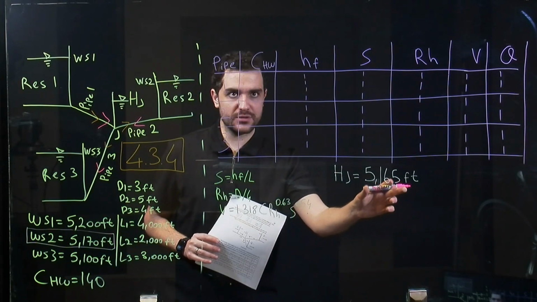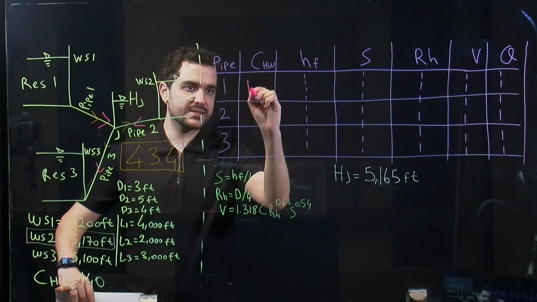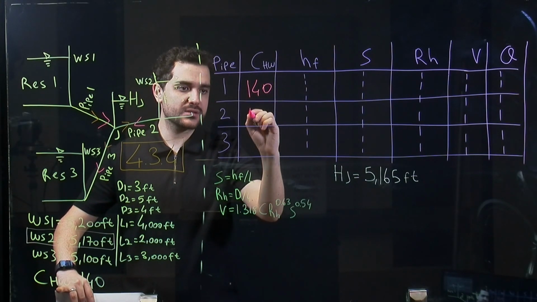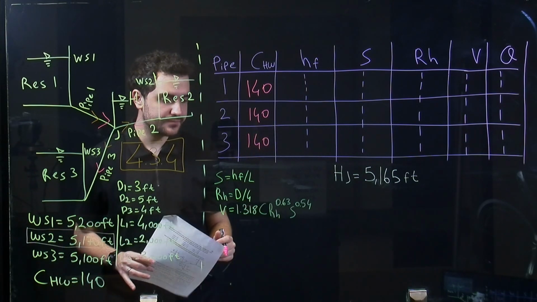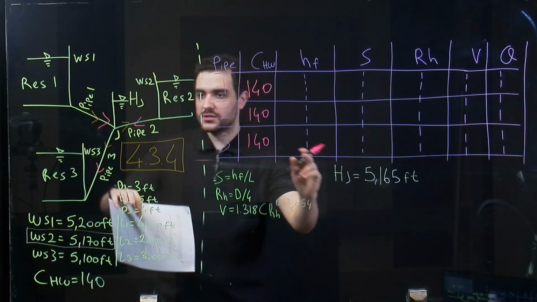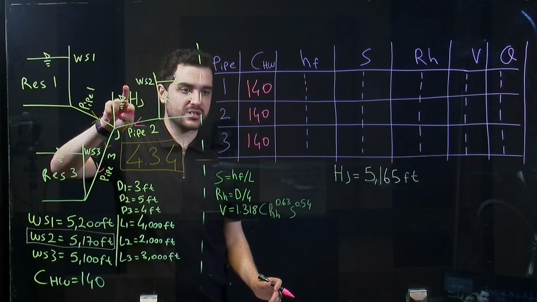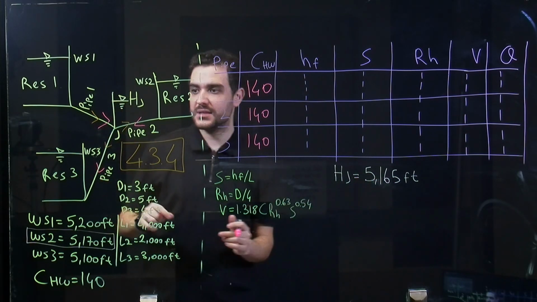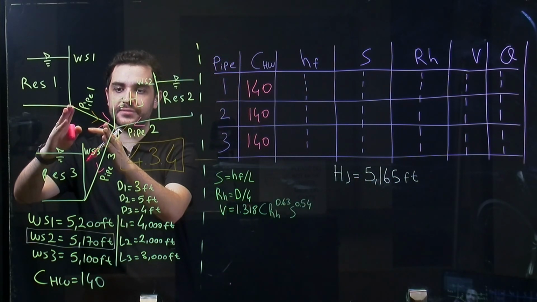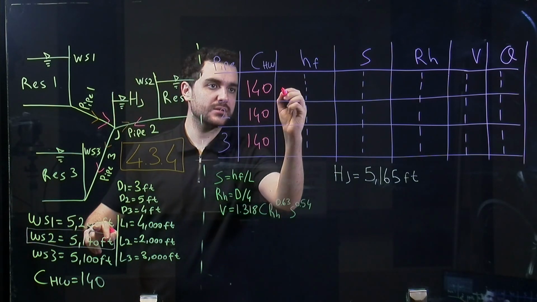Since we have this value, and the coefficient is given as 140, it will not change based on the velocity. So if the elevation here, the water surface at this junction point, is 5,165, then we will have a head loss of 35 feet.